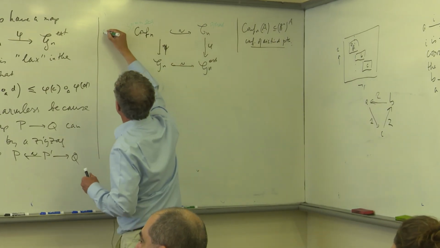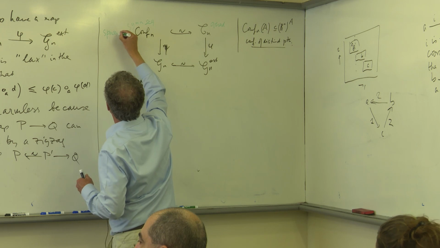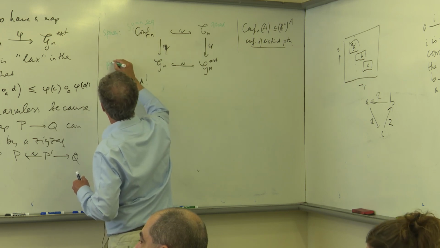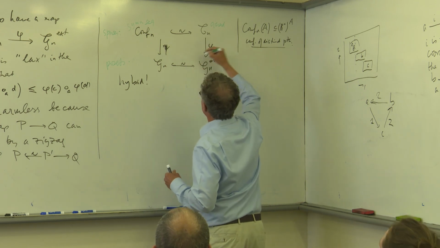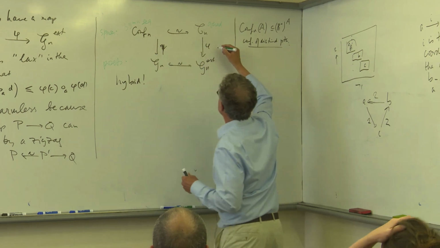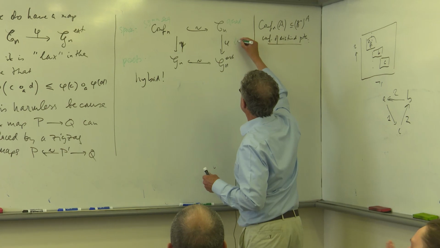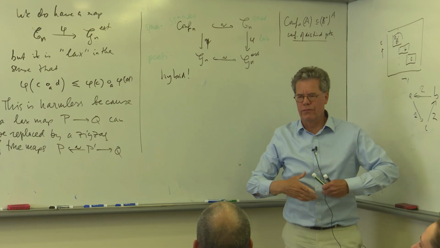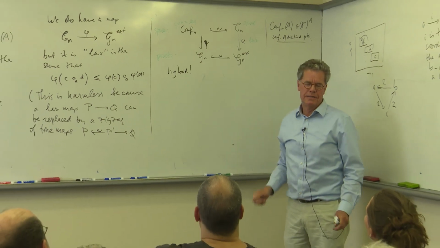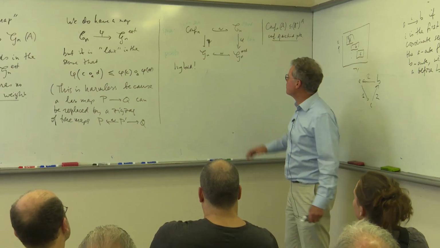This whole row is in spaces. This row is in posets. And this is just a map of symmetric sequences, and this is a lax morphism of operads. So I've rather moved out of my category of little n-cubes.